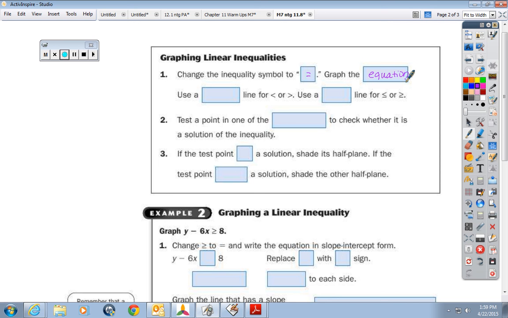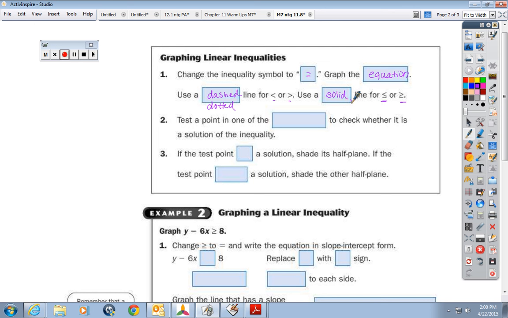If the original problem had a less than or greater than sign, we use a dashed or dotted line when we connect the points. If it's greater than or equal to or less than or equal to, we use a solid line just as if it was an equation to connect the dots.